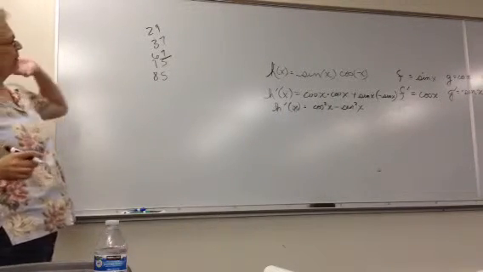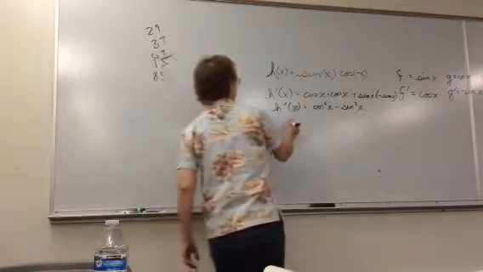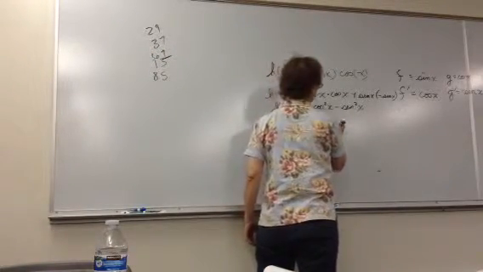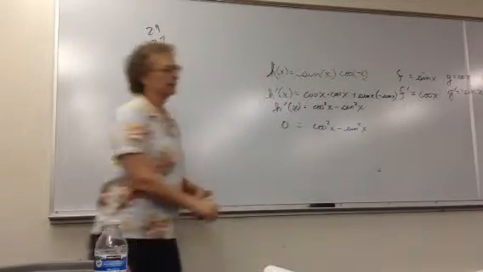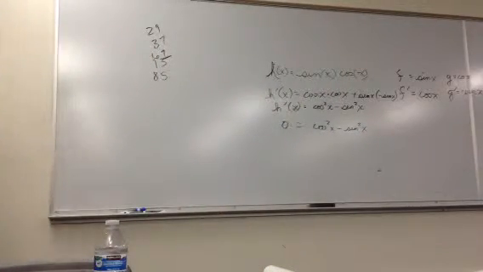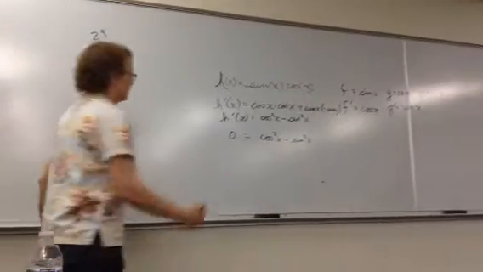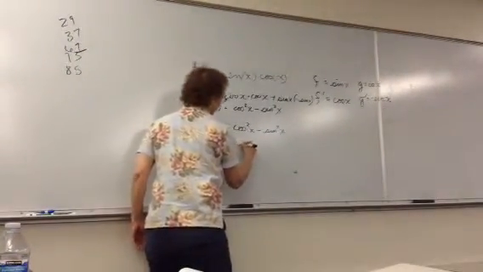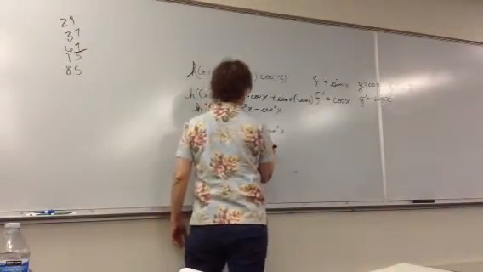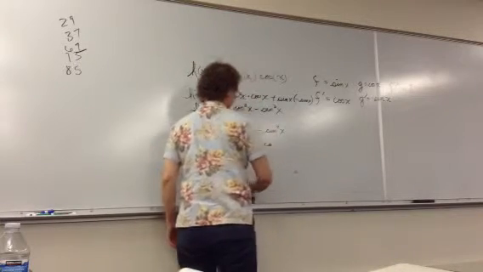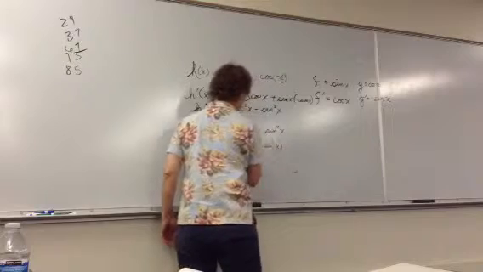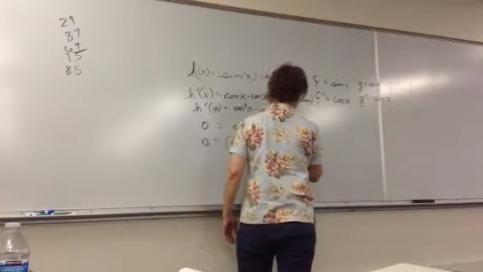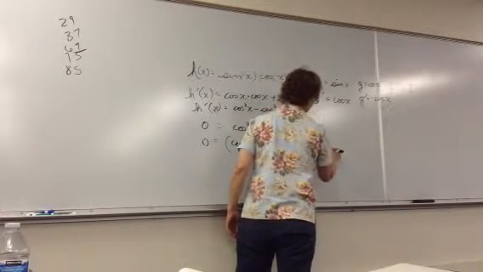So we want where that's 0. So we'll say where is that 0? Well, it looks to me like that's a difference of squares. That's what I'd do with it. I'd factor it and say cosine x plus sine x and cosine x minus sine x.